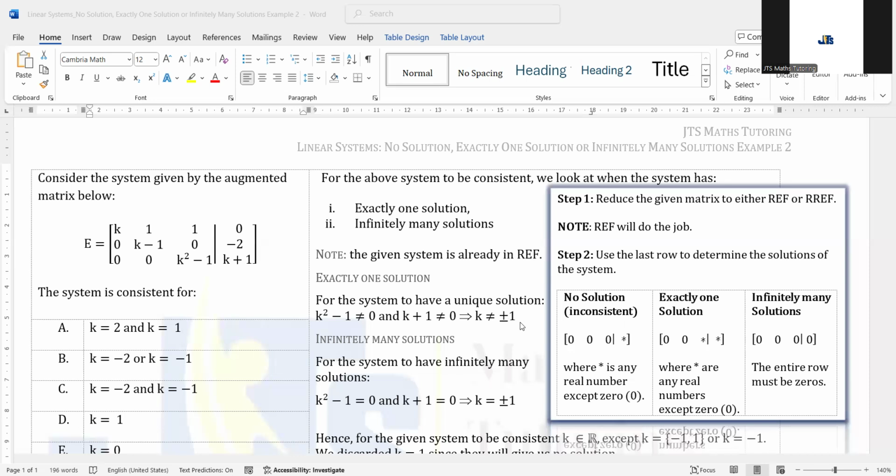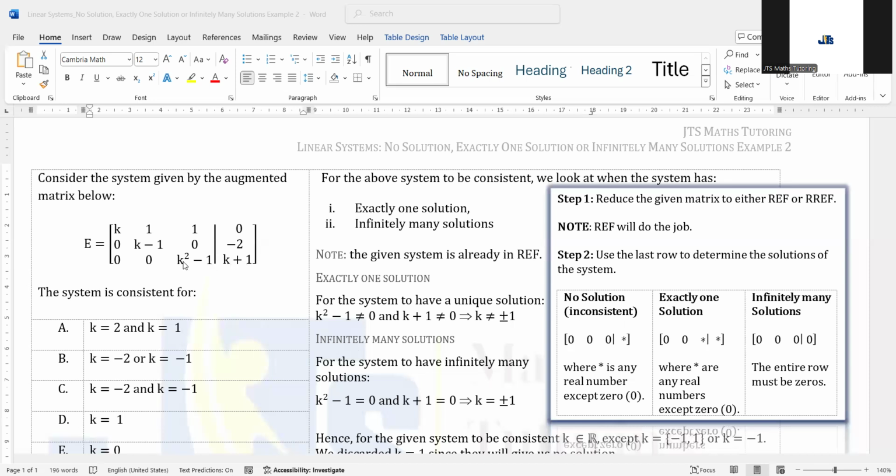Now, let's look at the scenario of infinitely many solutions. For this system to have infinitely many solutions, we need to make this a 0. We need to make this a 0. So we all know that K is going to be equal to plus or minus 1. This is after working this thing out. But hold on. If I plug in 1 here, I'm going to get a 0 here. If I plug in 1 here, I'm going to get a 2.